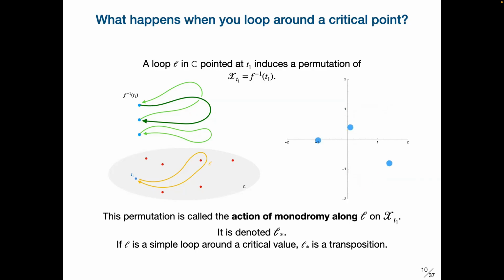So really, if you start from one of these simple loops, there's a unique lift which is interesting from a point of view of homology, which is this path, which does have boundary, so it's not really a loop. It's not really a cycle on your curve, but it's still interesting because it defines a non-trivial relative homology class of your curve relative to the fiber above the base point.